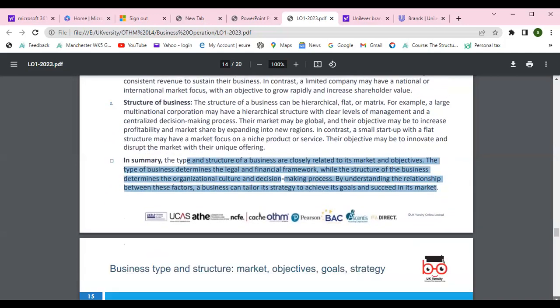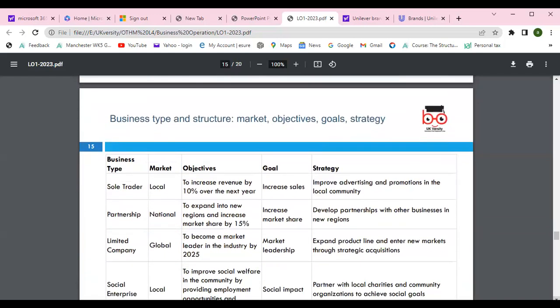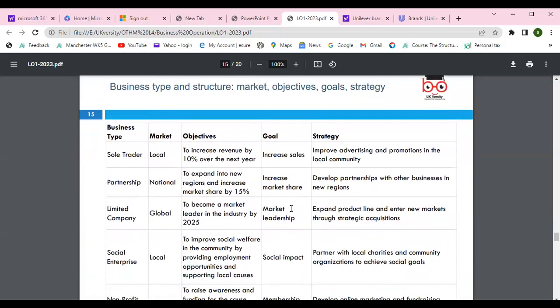Okay, let's look now. What we said earlier, a sole trader is local. It can aim for 10% revenue growth next year. Increasing sales can be an objective. Our strategy can be advertising and promotion.